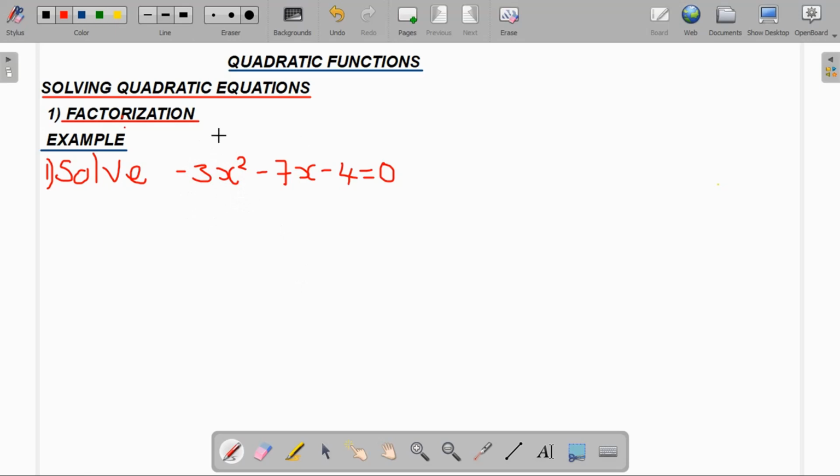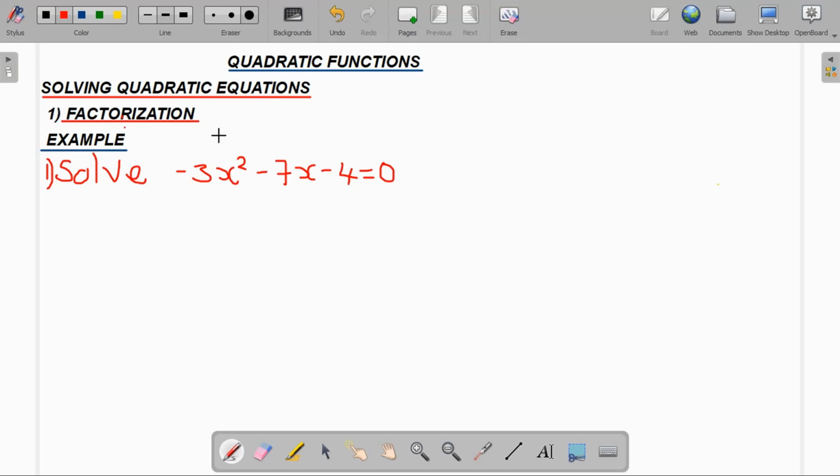There are three methods: factorization, and apart from factorization, we also have the completing the square method, and the formula method, where we use a formula. Those are the methods that we're going to talk about.